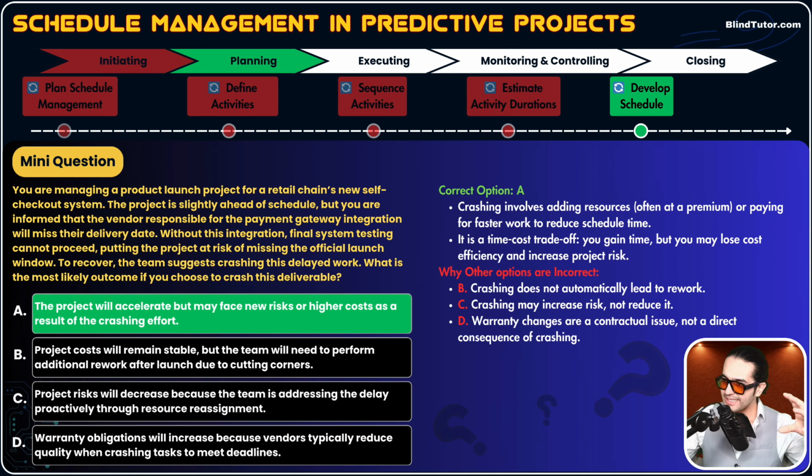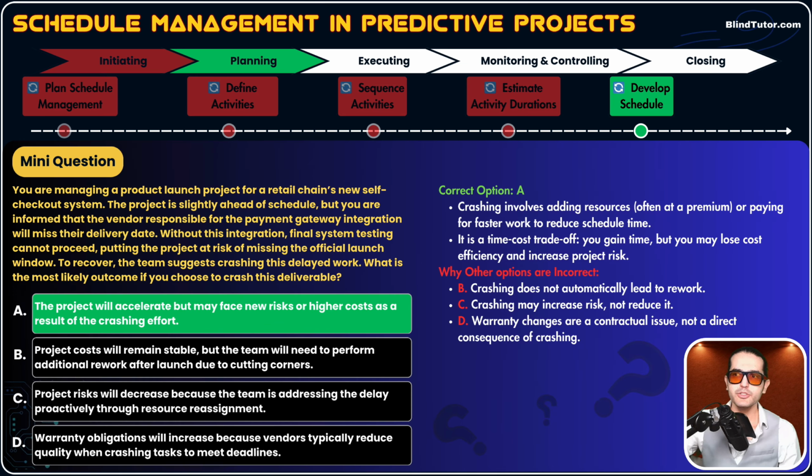You need to coordinate this new team with the old team. This coordination has a risk, guys, or the quality of the performance of the new team would not be as good as the old team. So these are new risks, guys. Okay. And crashing is a time-cost trade-off.